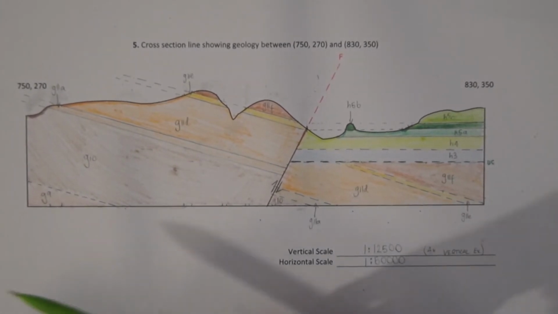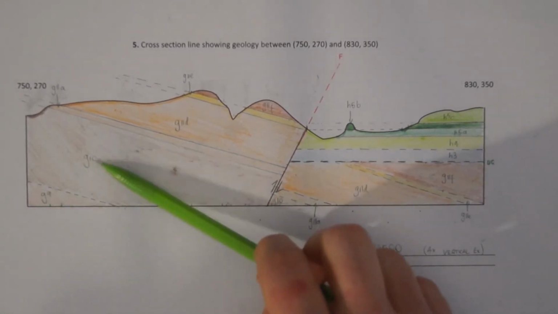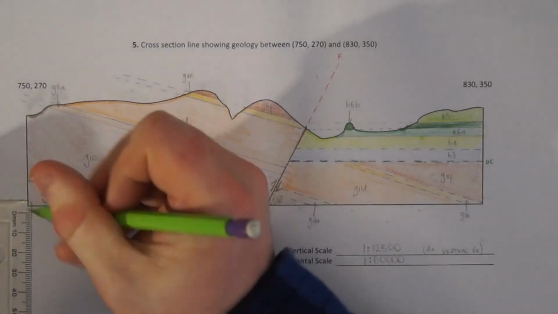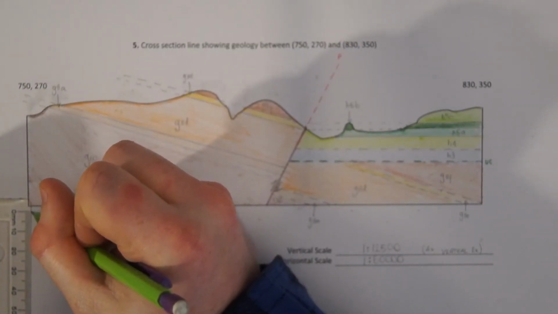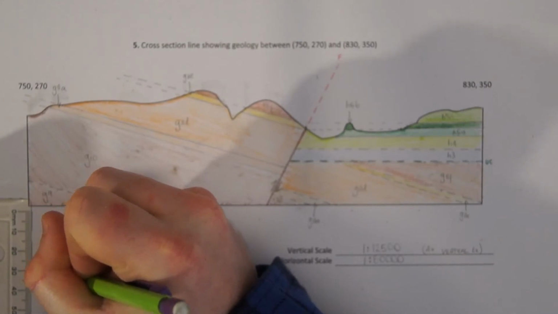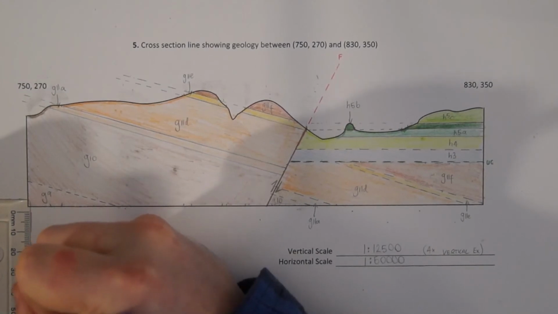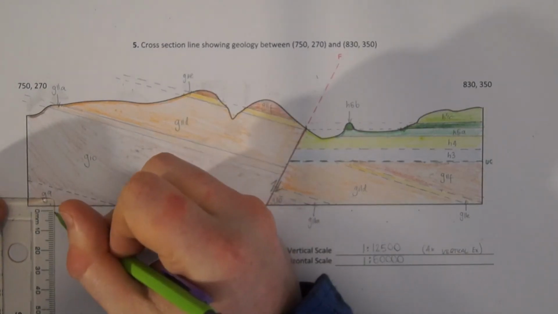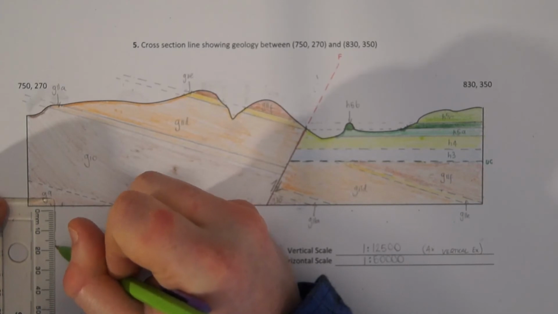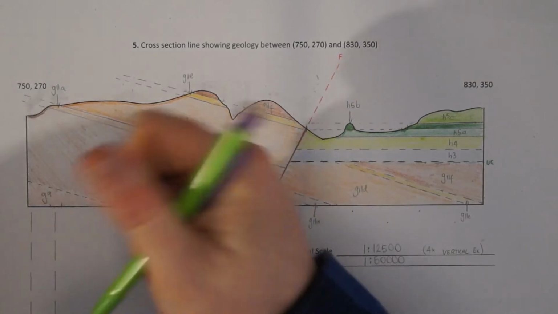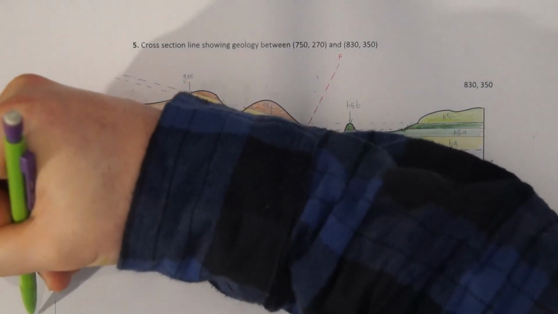And then what we can do is quickly add in a key. So we've got 1, 2, 3, 4, 5, 6 for the Jurassic, and 1, 2, 3, 4, 5 for the Cretaceous. So why don't we just do here are our chalks. Turn those into boxes.